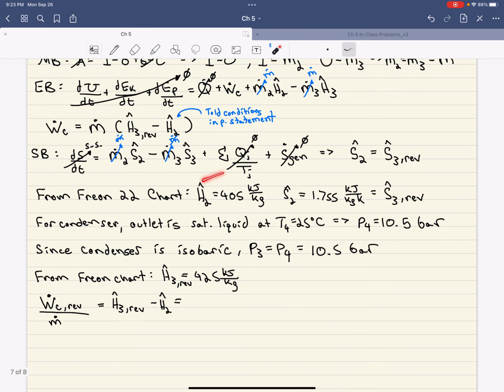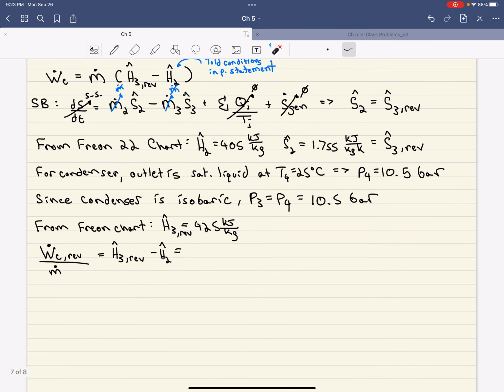H2 we looked up earlier. So if we take the difference of those, it's just 20 kilojoules per kilogram, right? So this is essentially a sort of specific work.